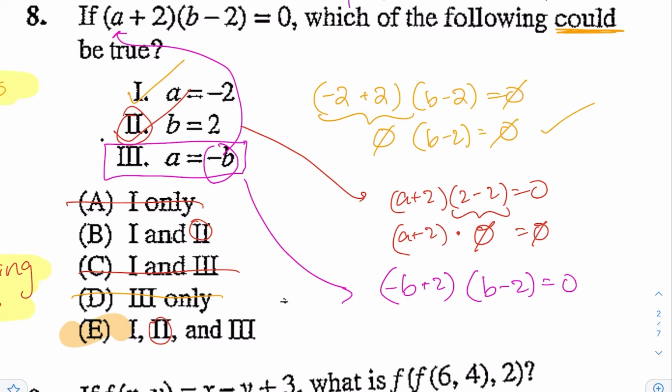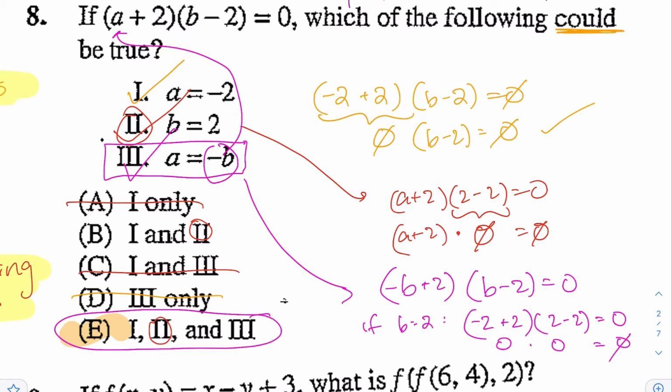So in this case, if b is equal to 2, then this would be negative 2 plus 2 times 2 minus 2. And that's, of course, 0 times 0, which is equal to 0. So that could work because b could be equal to 2 here. It could be equal to anything. There are no restrictions on it. So Roman numeral number 3 is also true.